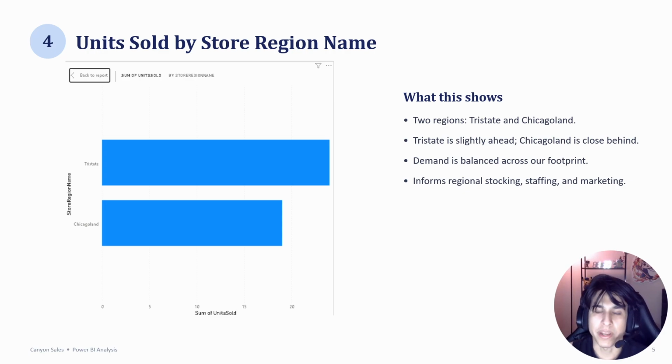Neither one is dominating our sales. The demand is spread fairly across both areas within our footprint. For the team, that balance is good information, and it helps us think about how we stock our staff and market in each area. If you wanted to grow, this is a good starting point for deciding where there's room to expand.